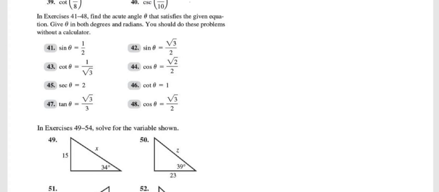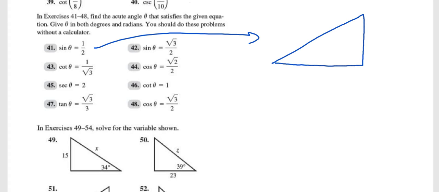Find the angle theta that satisfies the given equation in both degrees and radians. Okay, question 41. Sine, that's opposite over hypotenuse, right?